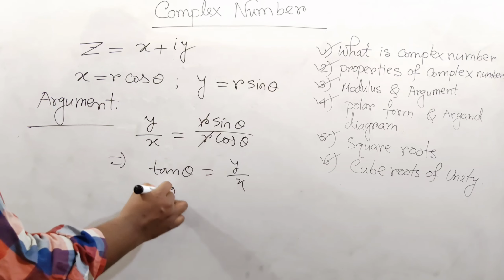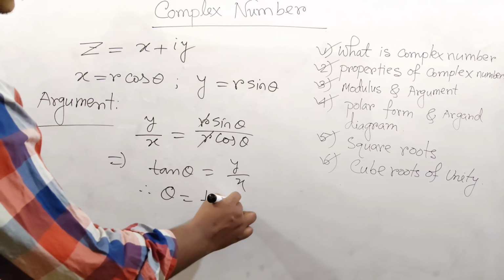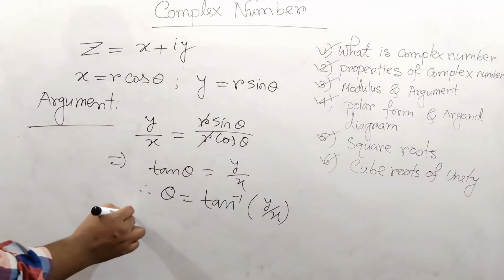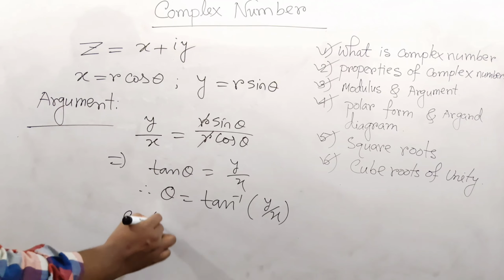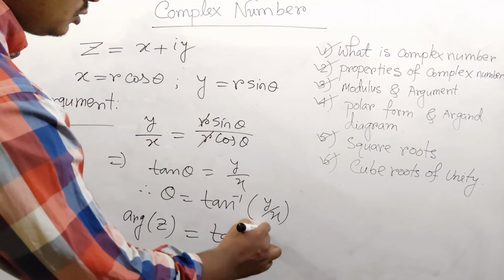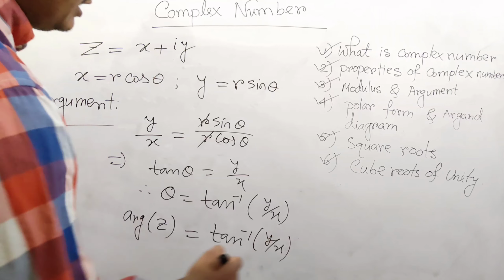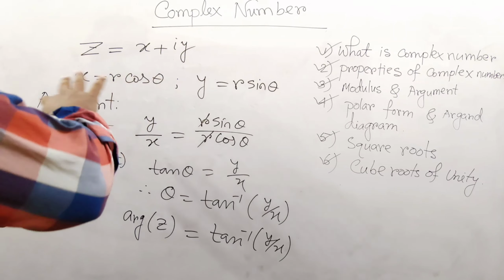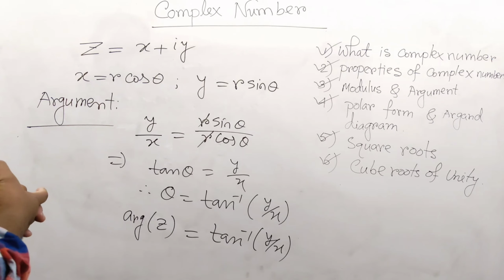So here theta should be tan inverse y over x. That means argument of the given complex number z equal tan inverse y over x. So this is the argument of a complex number. So in that way you can easily find the modulus and argument of any complex number.